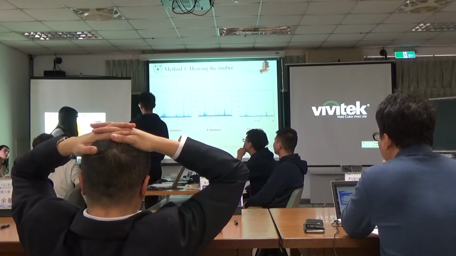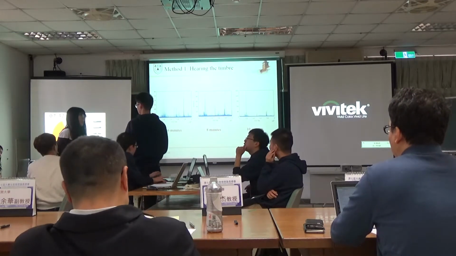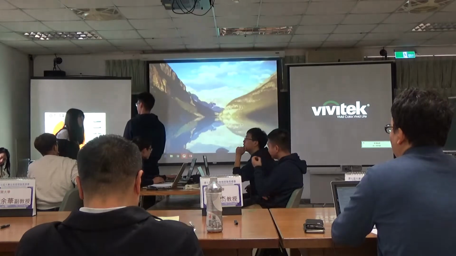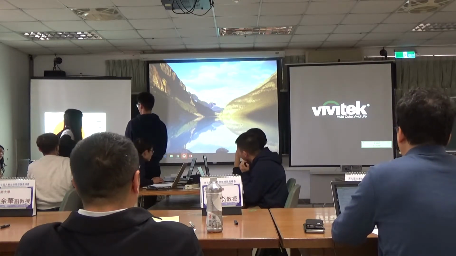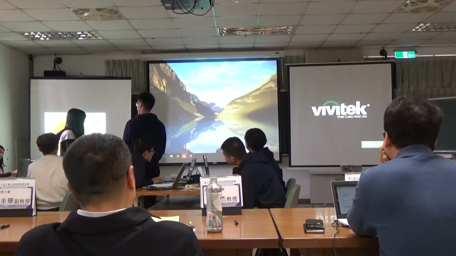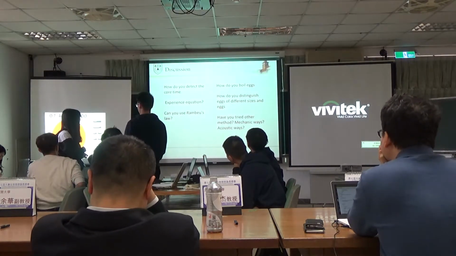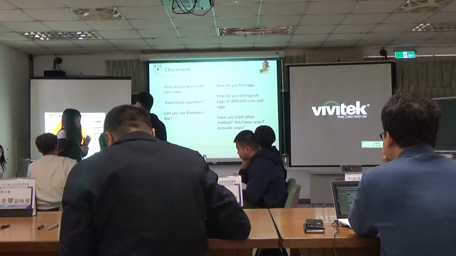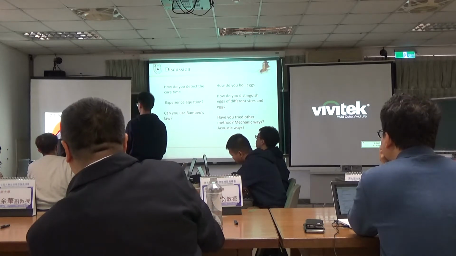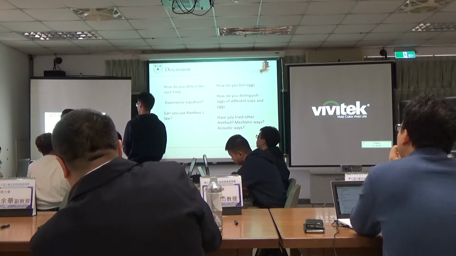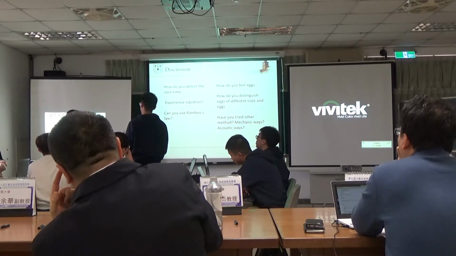May I ask you a question? Okay. The same question you asked me, I want to ask you. I believe that method 5 is the best way to detect the maturity of the egg, and I think that 7 maturity of the egg is the best maturity to detect.